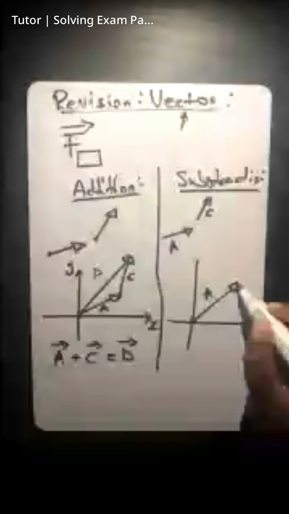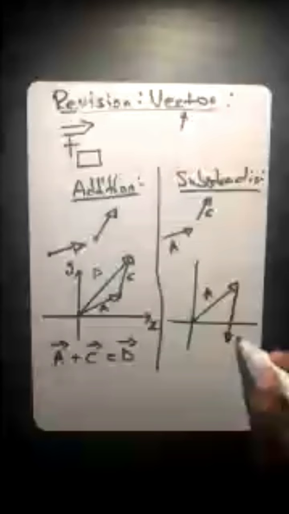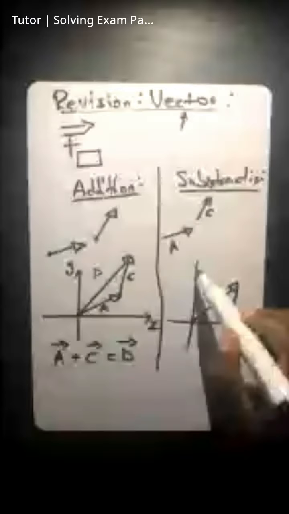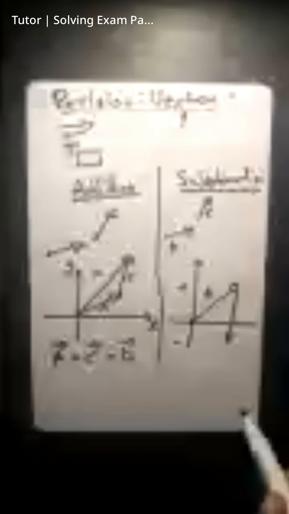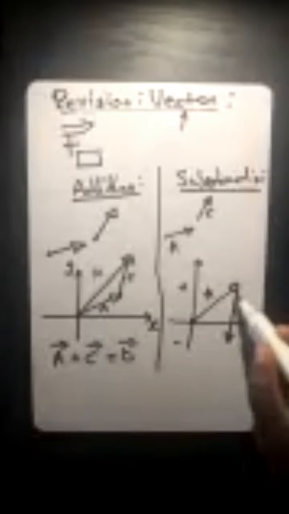You then draw vector C in its direction. Remember, above the origin we've got positive values, and below we've got negative values. So that's what influences the direction of vector C to be in the downwards direction. This is vector C.